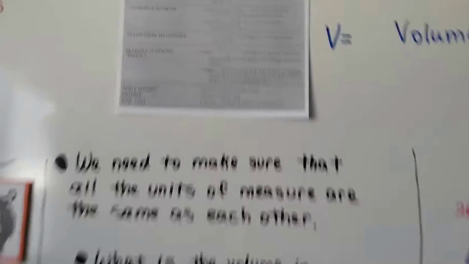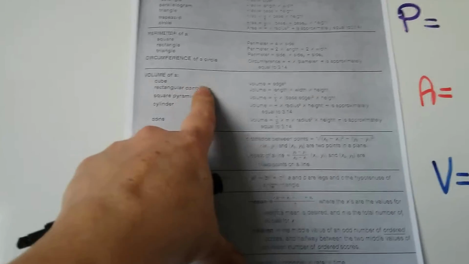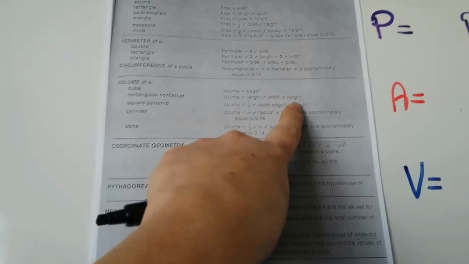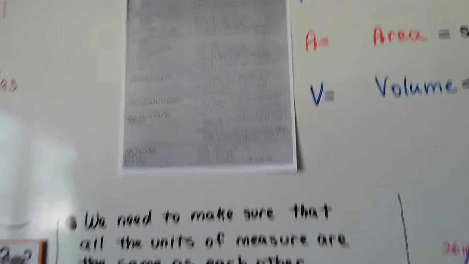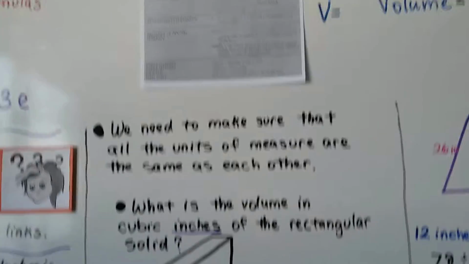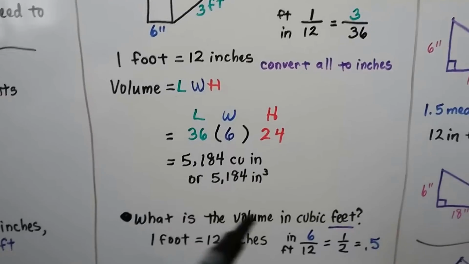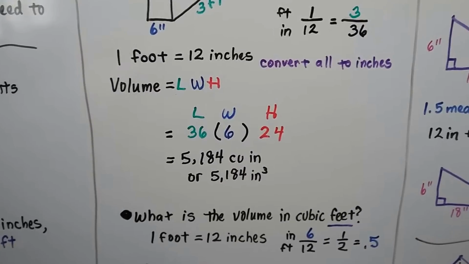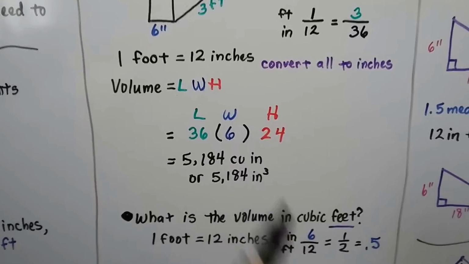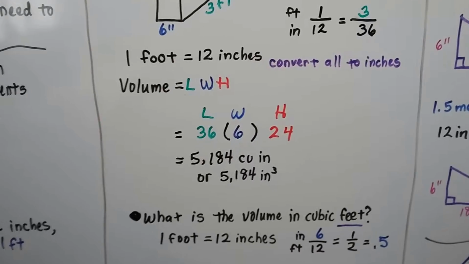We check our sheet. We look for volume of a rectangular container. It's length times width times height. See that? So for every problem, you're probably going to have to look at this sheet. No big deal, okay? We do 36 times 6 times 24 and get 5,184 cubic inches, or inches cubed. See? It's volume, so we've got the little 3 exponent, don't we?